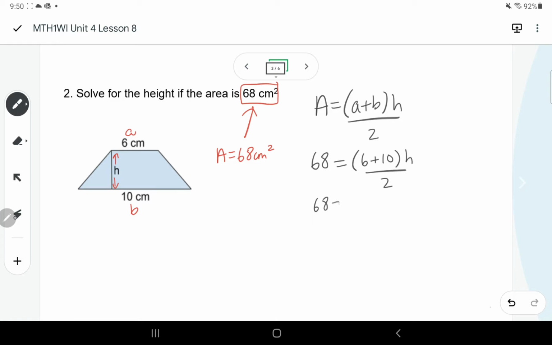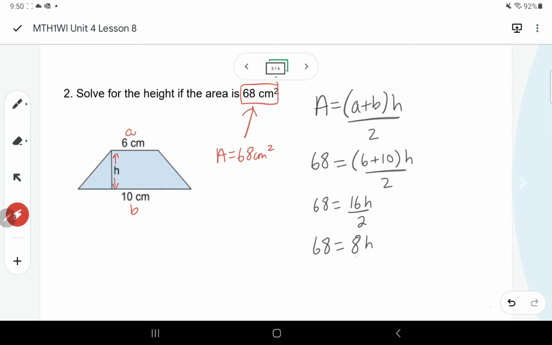I'm going to keep simplifying. Remember BEDMAS. I'm adding these together: 16h divided by 2. And then here, I can actually do 16 divided by 2. So 68 equals 8h. Just because that 2 divides evenly into the 16, I would divide it there first.